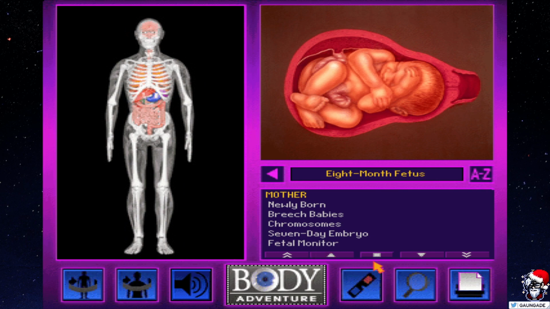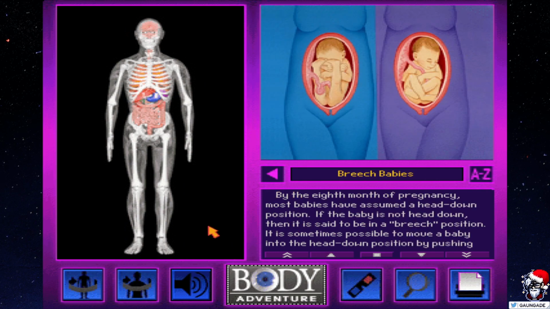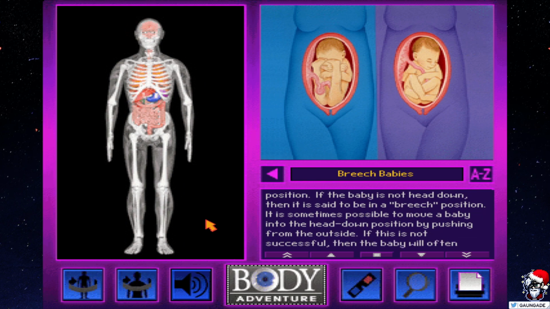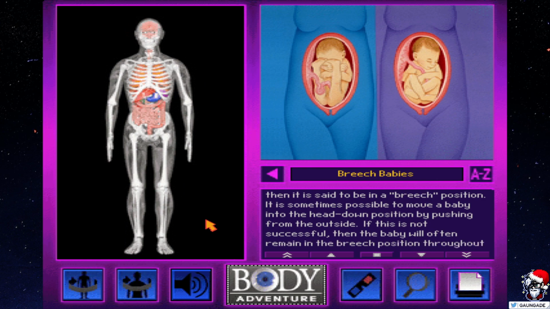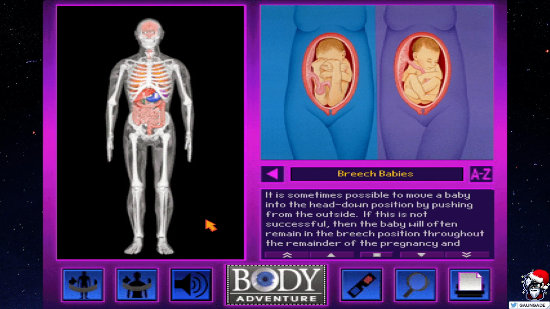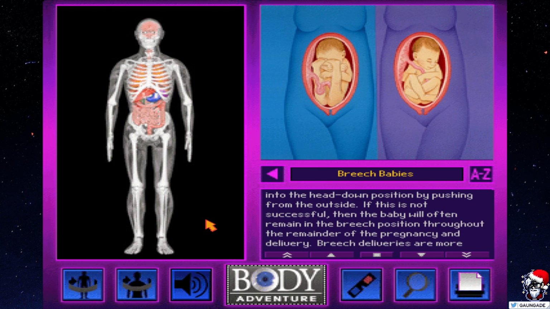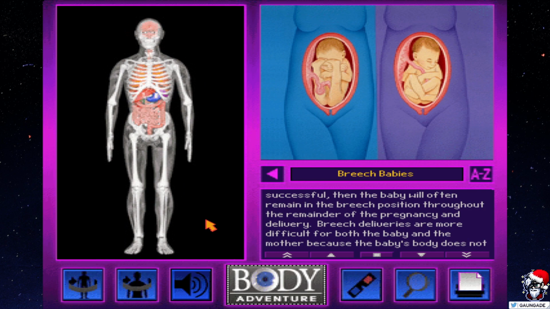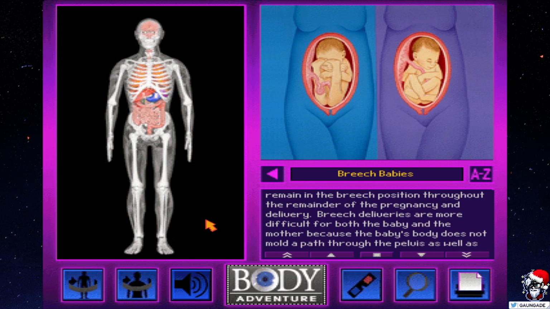Mother! Breech babies. By the 8th month of pregnancy, most babies have assumed a head-down position. If the baby is not head down, then it is said to be in a breech position. It is sometimes possible to move a baby into the head-down position by pushing from the outside. If this is not successful, then the baby will often remain in the breech position throughout the remainder of the pregnancy and delivery.